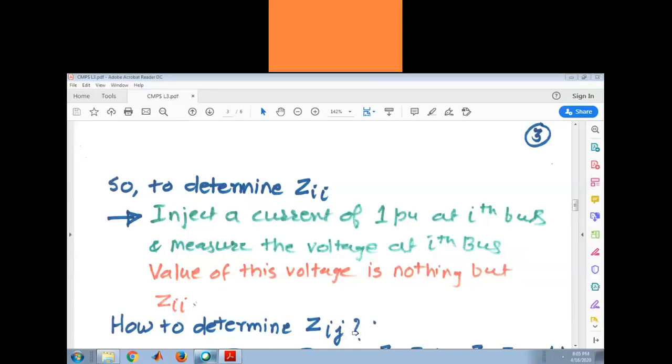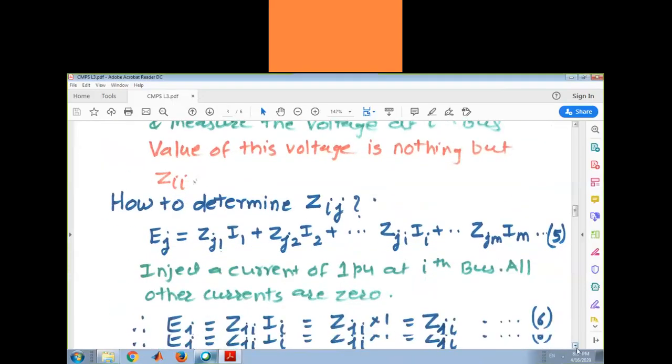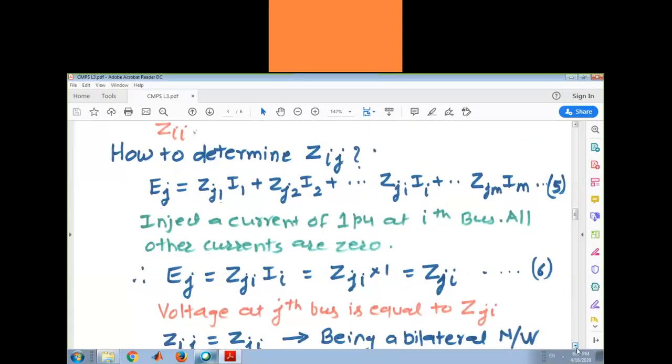If I want to determine Zij, what do I do? To determine Zij, I inject a current again at the ith bus of 1 per unit. All other currents are 0. So if I measure Ej, it will be Zj1 into I1 plus Zj2 into I2 plus up to Zji into Ii, the last term being Zjm into Im.